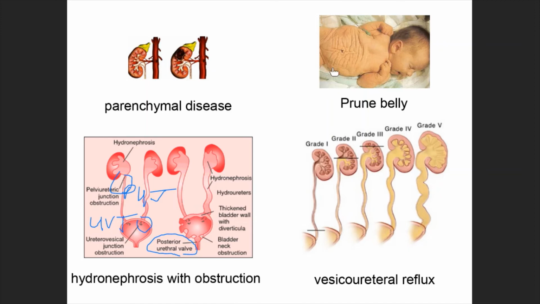Now, in this case, what you see is that the children who have prune belly have no abdominal muscle.